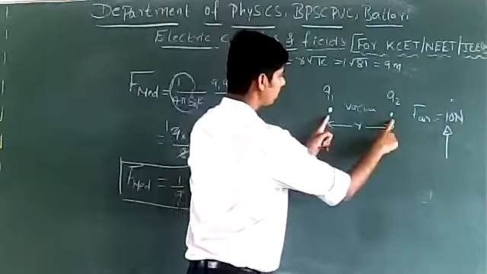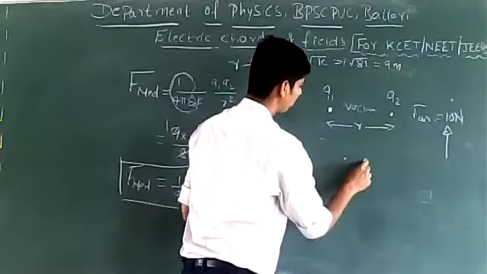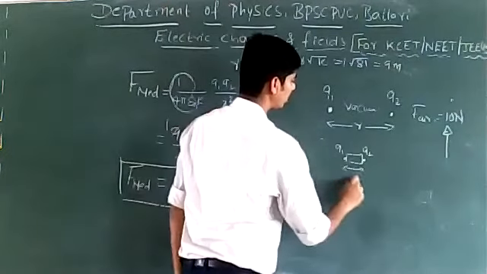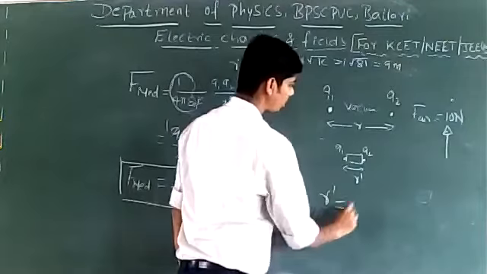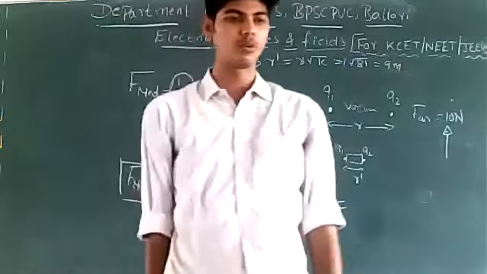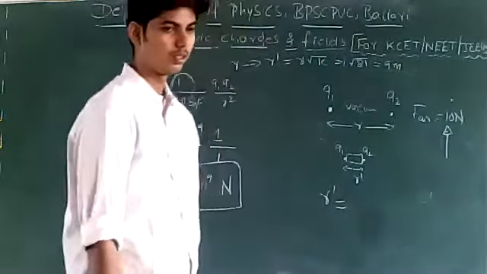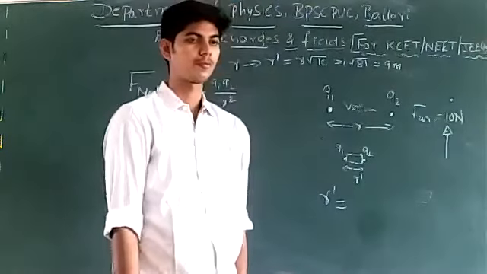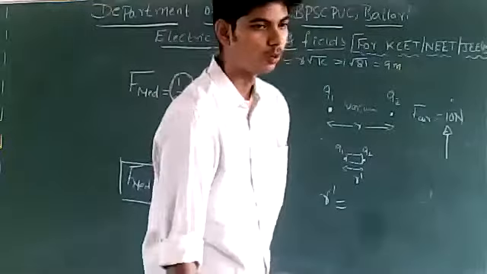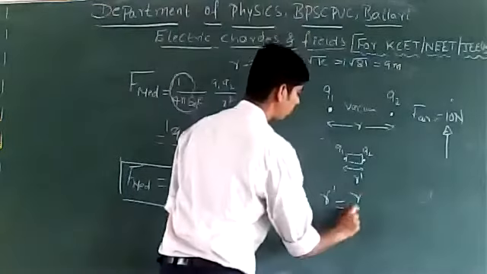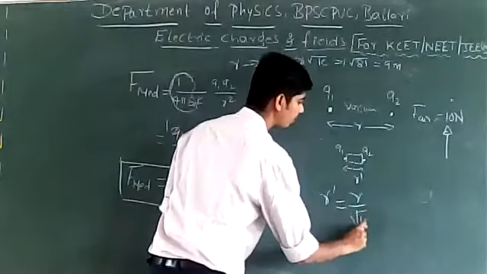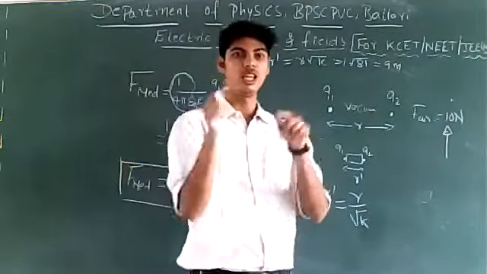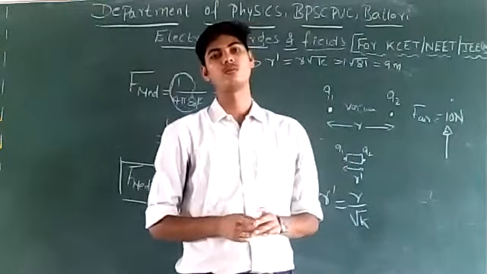In the presence of the medium, place the point charges closer together. Place the charges close together at a distance r dash. r dash should be equal to, by what factor are you going to decrease the distance? Very good. r dash must be equal to r by root k. By whatever factor the distance was increased there, it must be decreased by the same factor here.